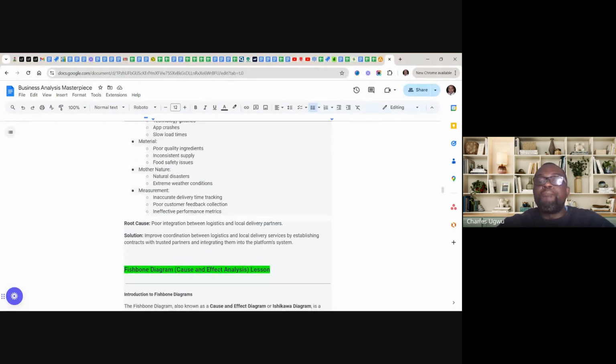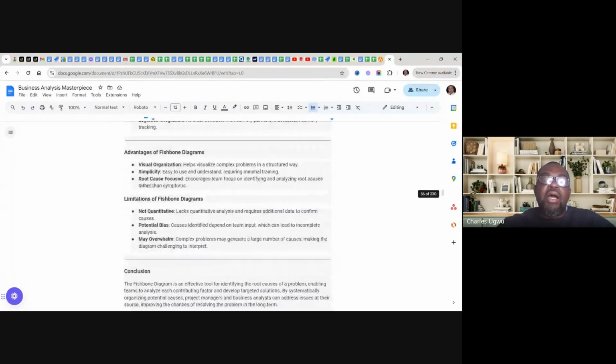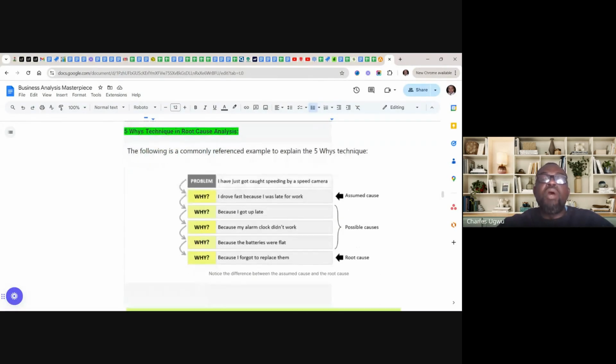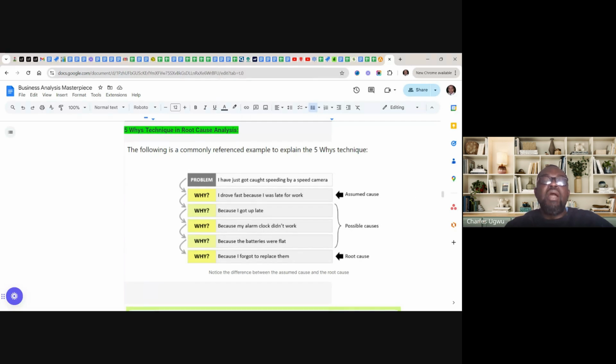That is, we have another approach, which is using why in root cause analysis. If we want to use why, not the fishbone diagram, we're looking at this scenario.